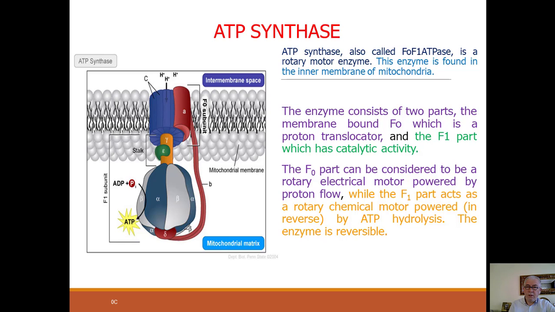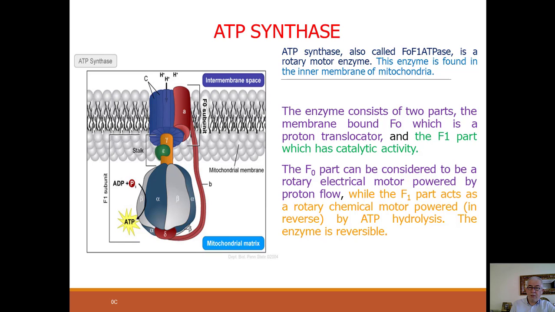The enzyme is found in the mitochondrial membrane, and it consists of two parts: the membrane-bound F0, which is a proton translocator, and the F1 part, which has catalytic activity.